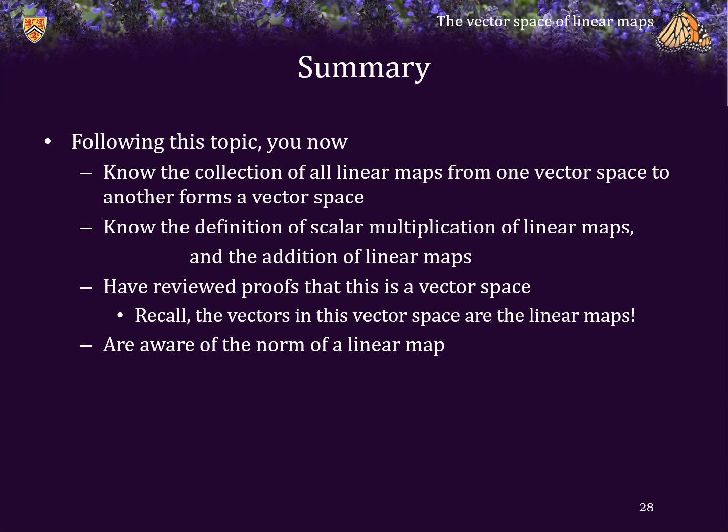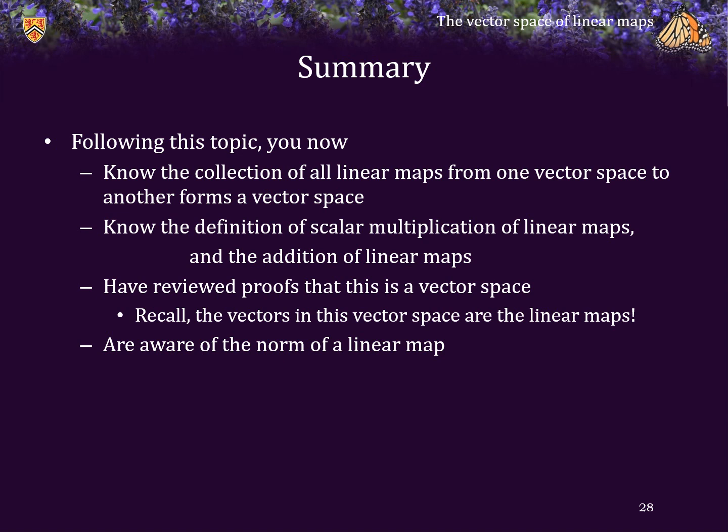Now, following this topic, you know that the collection of all linear maps from one vector space to another forms itself a vector space. You know the definition of scalar multiplication of linear maps and the addition of linear maps.